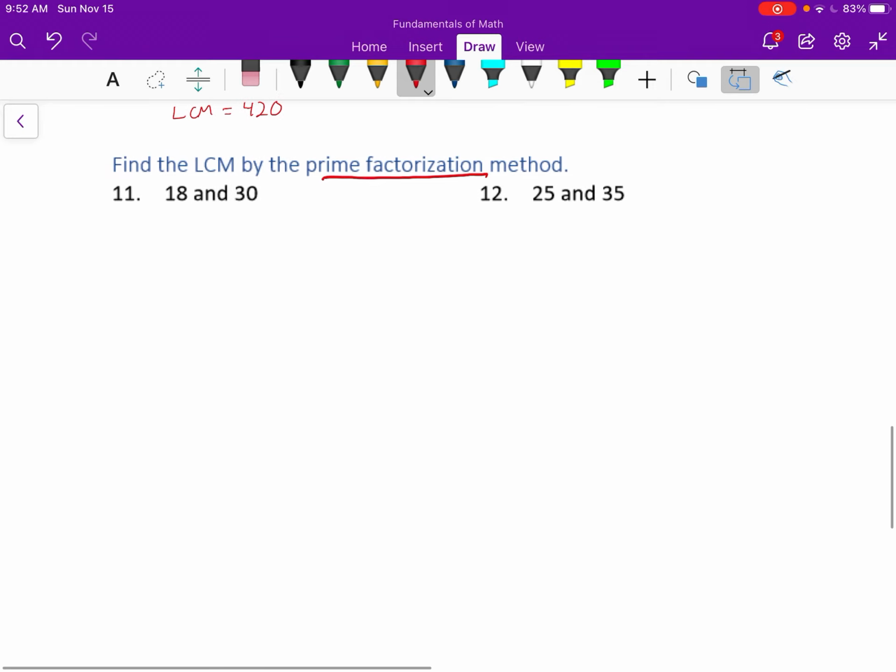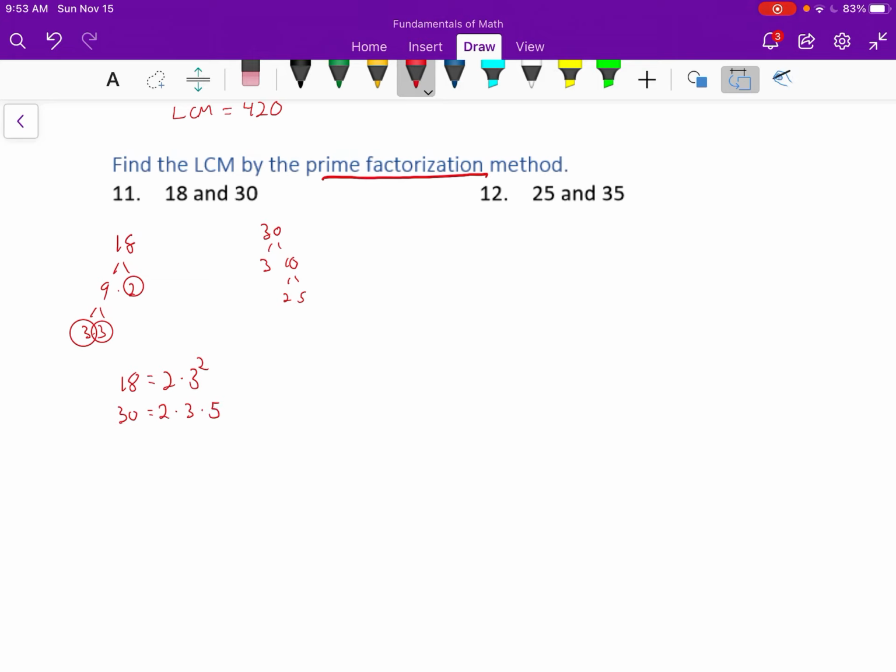So prime factors of 18. 18, that's 9 times 2, or you could have done 6 times 3, but 9 is 3 times 3, and so the factors for 18 are 2 times 3 squared, and now 30, well, that's 3 times 10, but 10 is 2 times 5, and so for 30, we have 2 times 3 times 5.